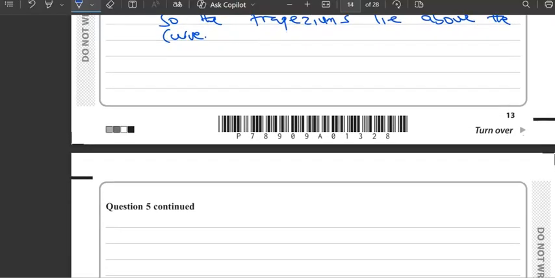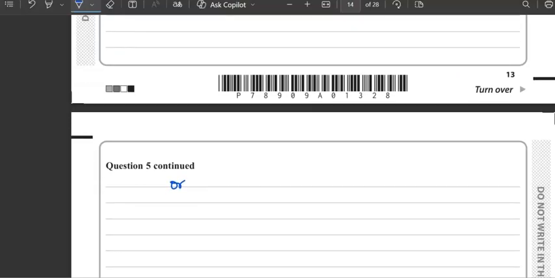or another reasoning we can give, or we can also say that the estimate is an overestimate. Why do we say so?